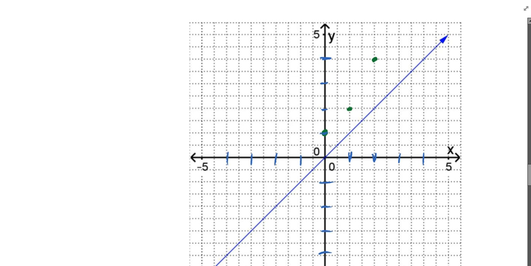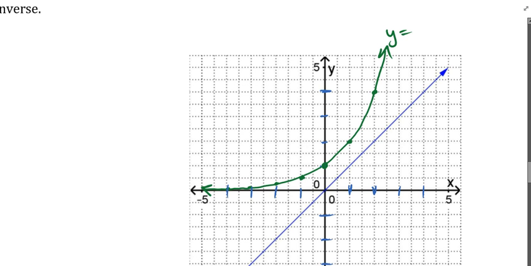Okay. 2 to the negative 1 is a half. 2 to the negative 2 is a quarter. 2 to the negative 3 is an eighth. 2 to the negative 4 is a 16th. So I can use this to graph the inverse and see what a logarithm function looks like.